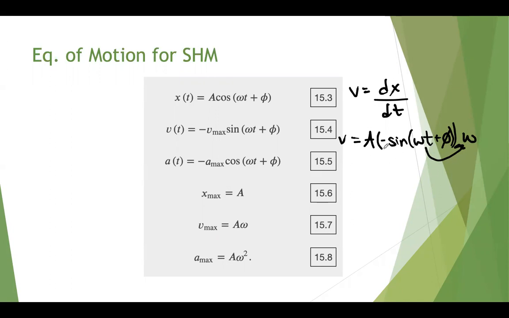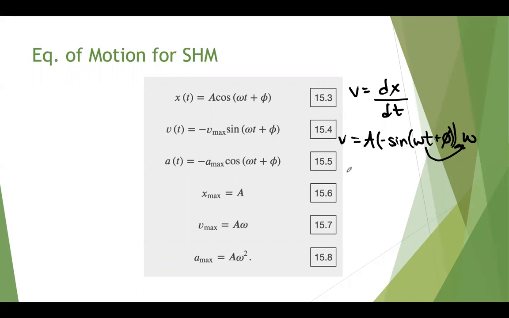Okay, and this is the same as this. So notice that this says negative v max sine of omega t plus phi, okay, they have defined v max as A omega, or amplitude times omega, okay? But it's the same exact thing that I just found.